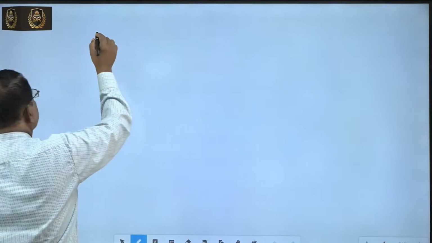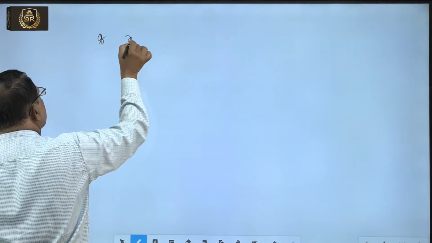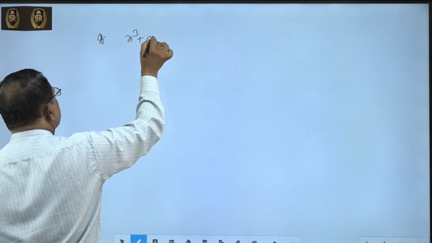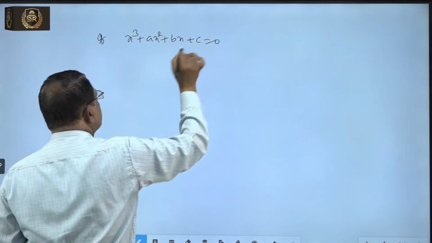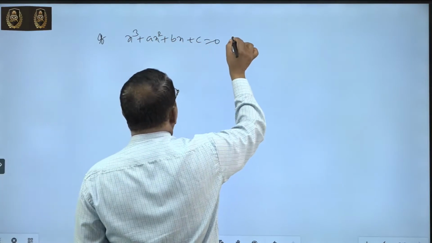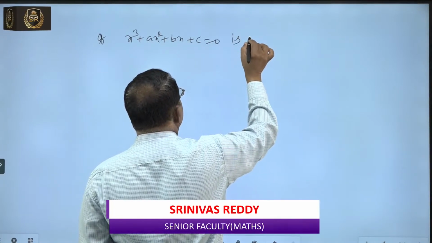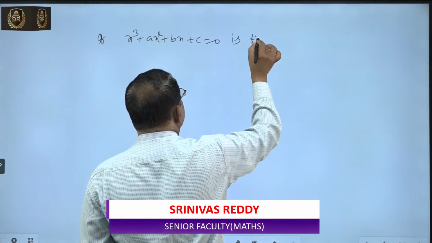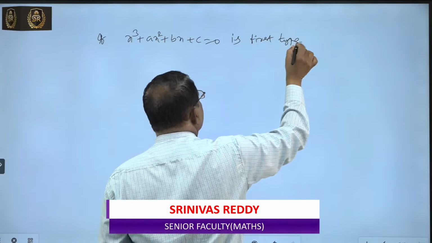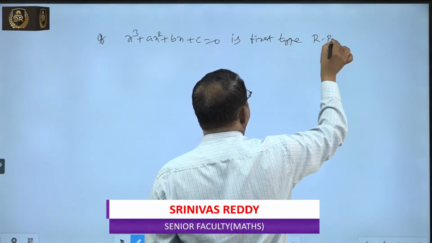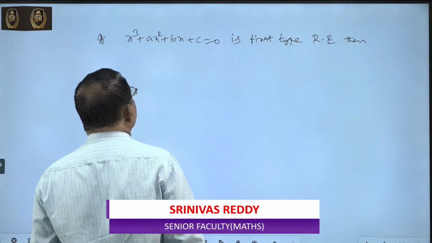Next, some problems. If x cube plus ax square plus bx plus c equals 0 is a first type reciprocal equation, then what is the relation?